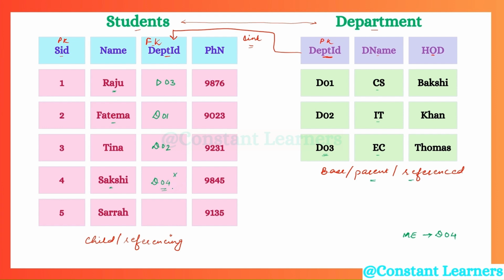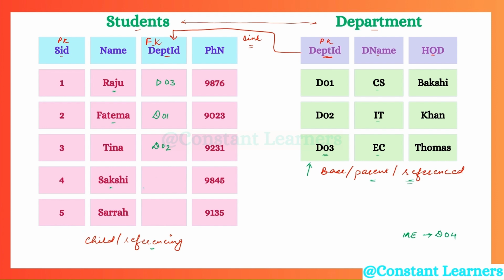I'm saying that again. If a data value has not been added in the primary key of the referenced or the parent table, then it cannot be added in the foreign key of the child or referencing table also. But we can definitely keep the cell empty.